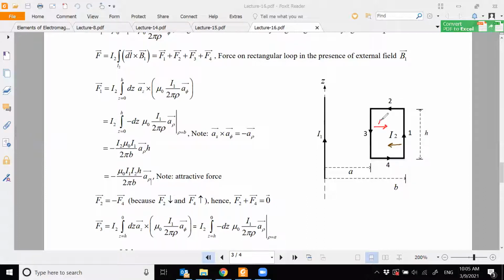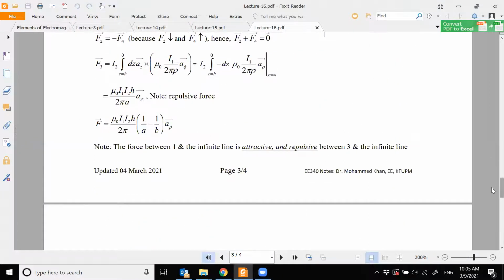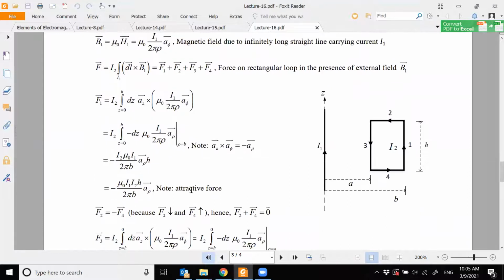This is the direction of F3, and this is the direction of F1. Then we found the total force F1, F2, F3, F4, which is equal to this one. So now we conclude the following.